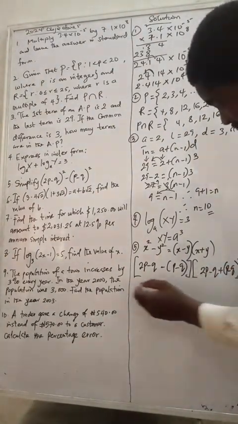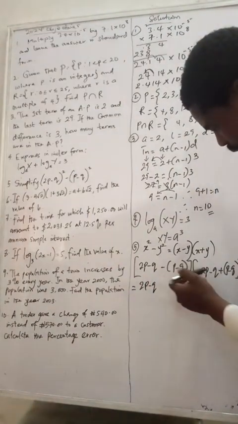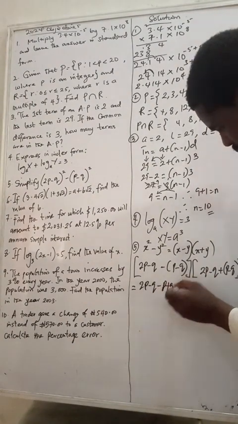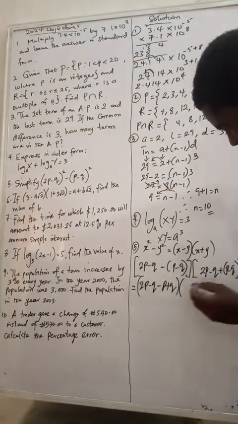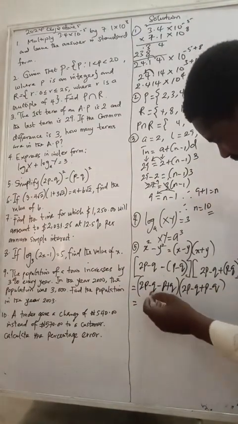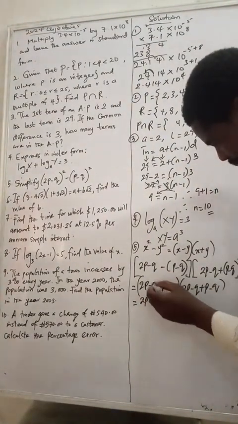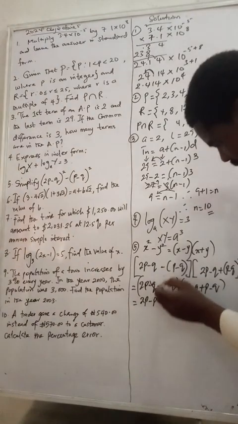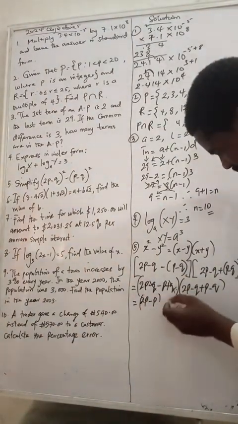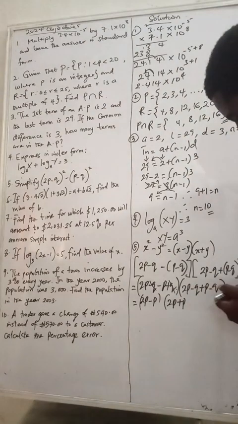Then close the bracket. So from here, we are going to have 2p minus q. Open this bracket, you have minus p plus q. Then the second one, 2p minus q plus p minus q. So from here, collect the like terms: you have 2p minus p, then minus q plus q will cancel out, times 2p plus p, but minus q will not cancel out.